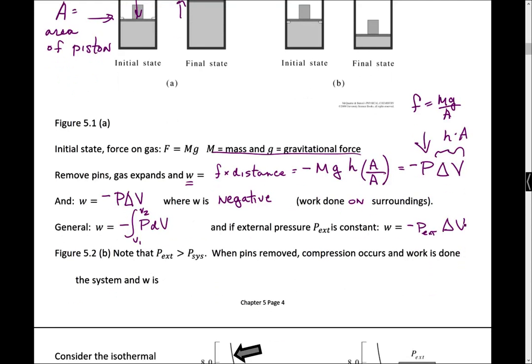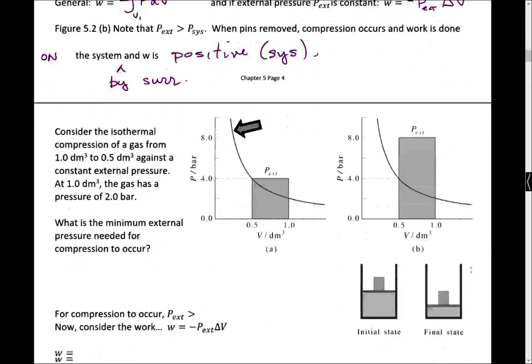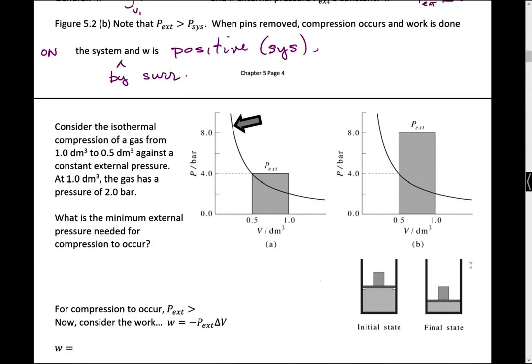When pins are removed, compression occurs, work is done on the system by the surroundings, and work is positive from the system point of view. Okay? Make sense? All right, well, let's do some calculations and some examples.